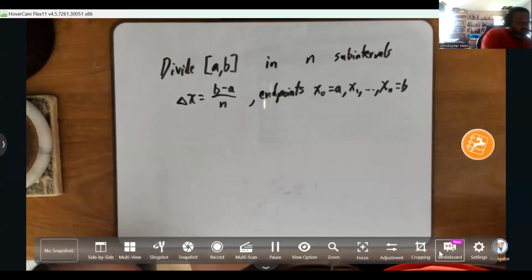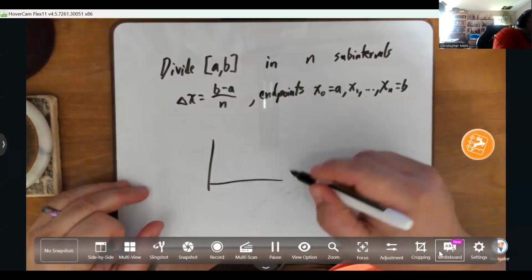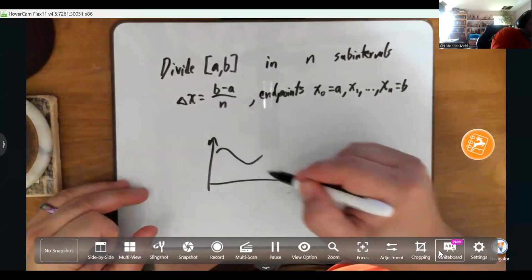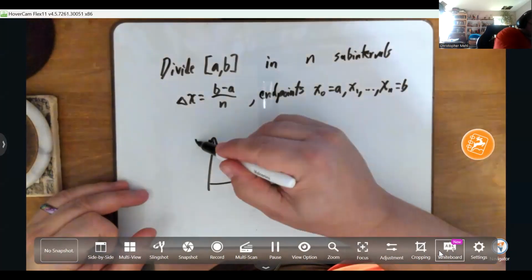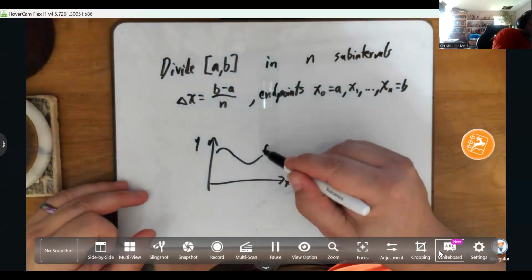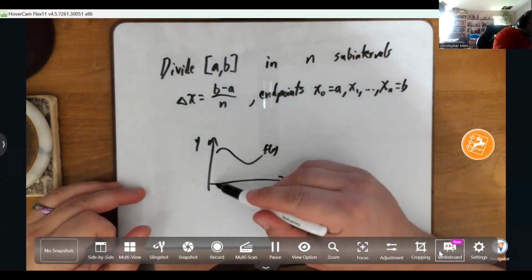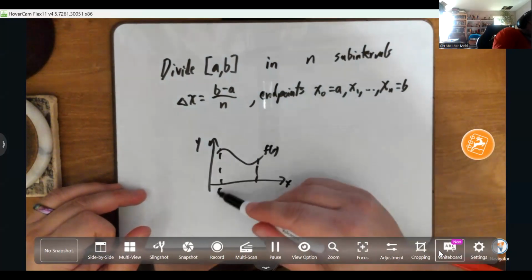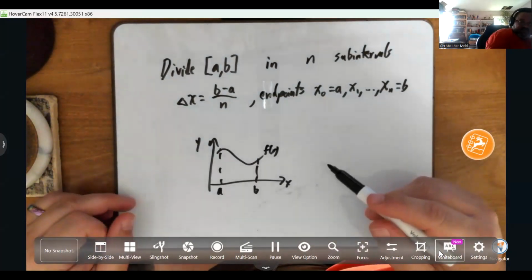Let me jump to a camera here. If you remember, when we first introduced the integral, we had this curve and the x-axis, and this is y. Here's our curve, f of x. We wanted to find the area underneath the curve from x equals a to x equals b.